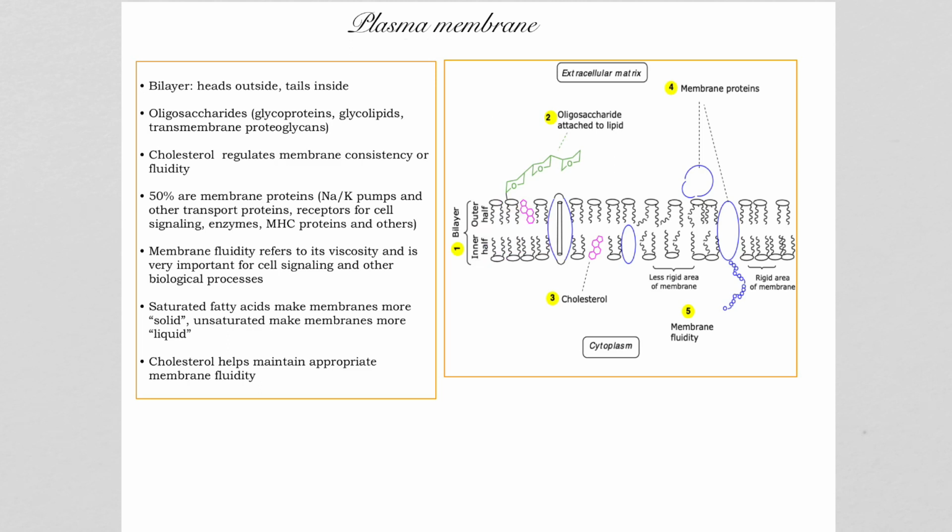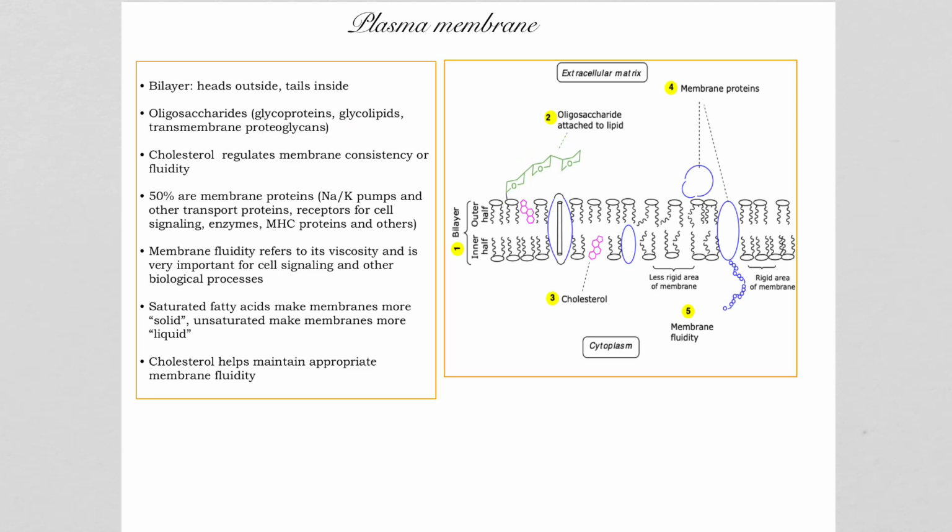As mentioned in previous videos, there are many carbohydrates on the surface of the plasma membrane. These carbohydrates may be attached to the lipids, or they may be attached to various proteins. So we have glycoproteins, glycolipids, and transmembrane proteoglycans that we talked about under carbohydrates.